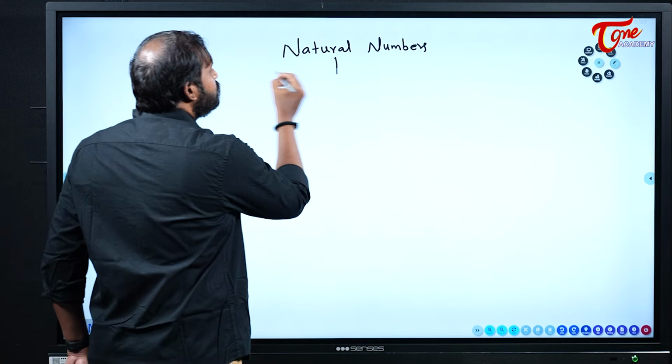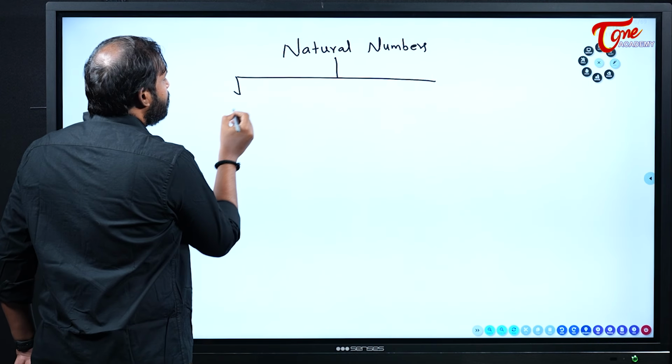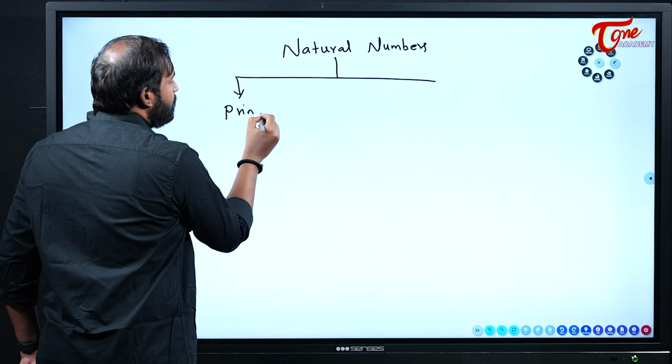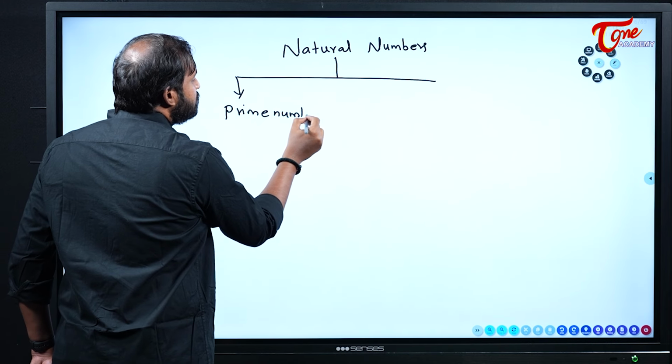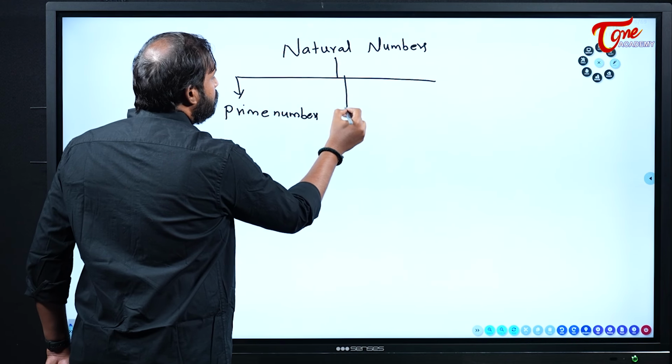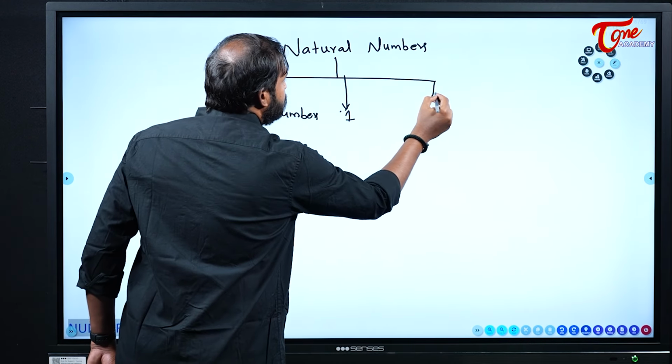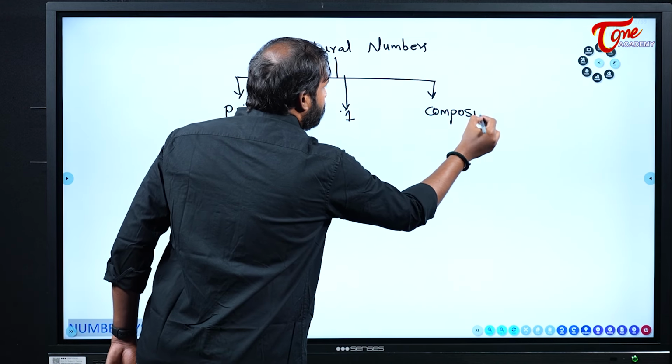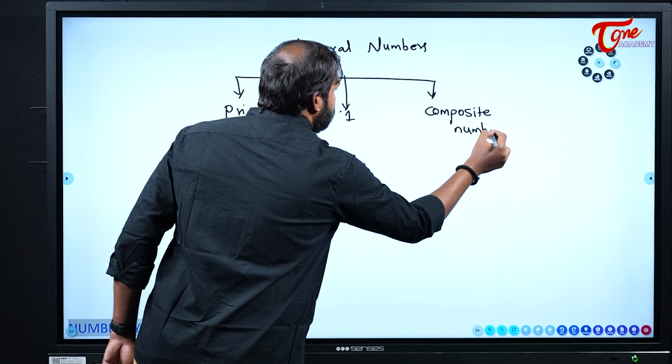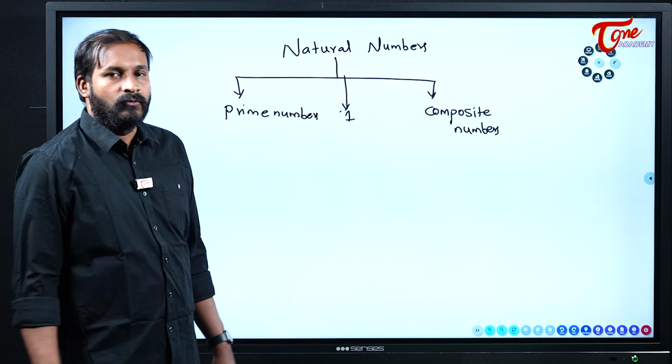So, what are those? Prime numbers, 1 and composite numbers.